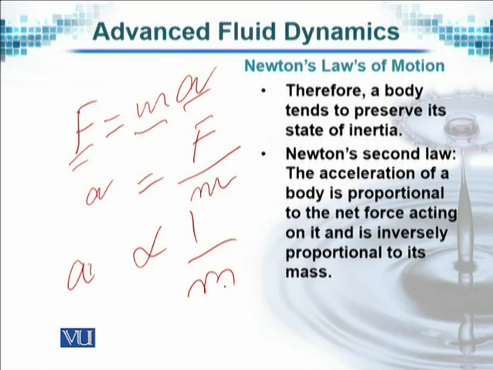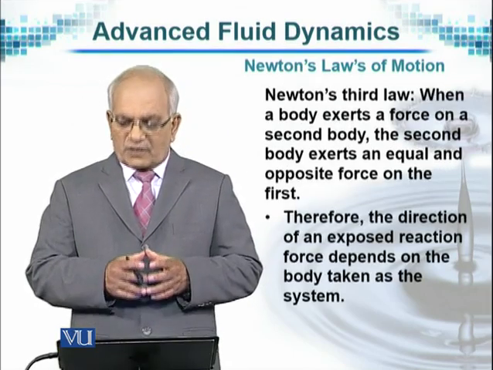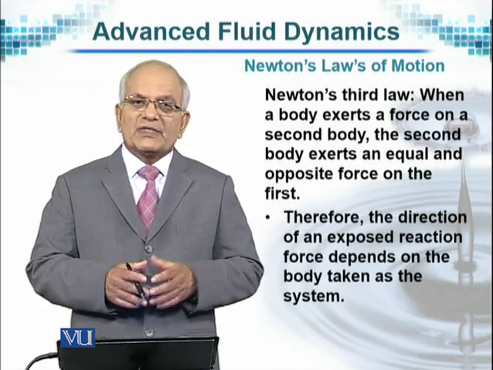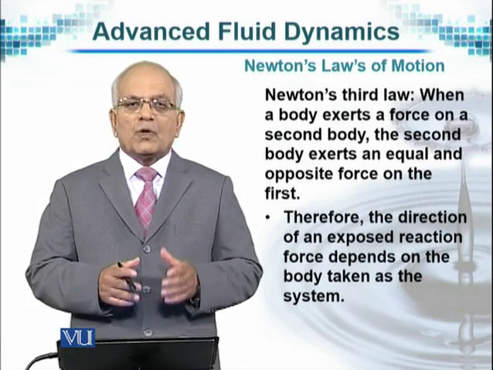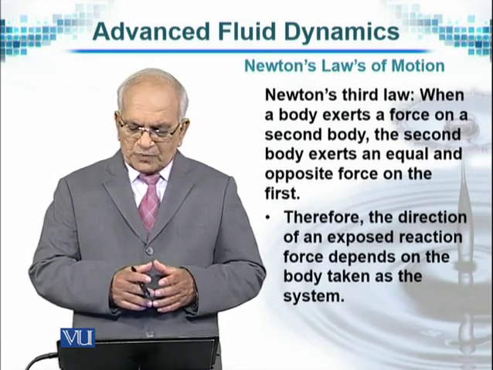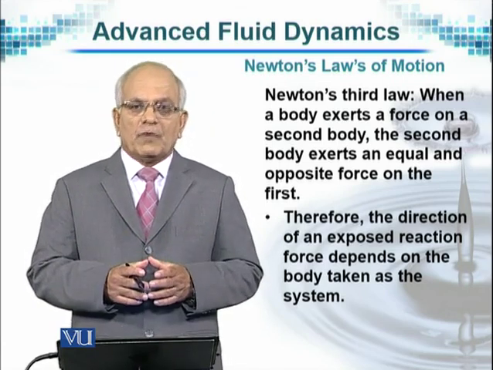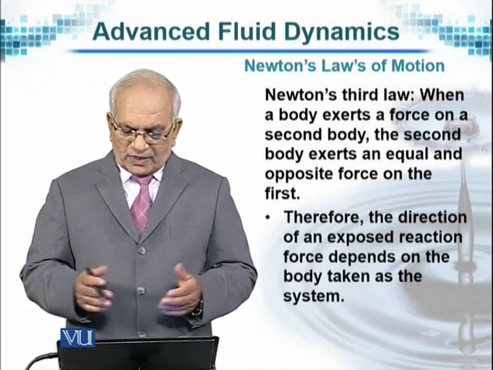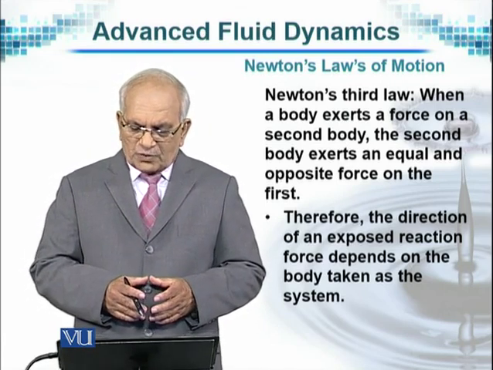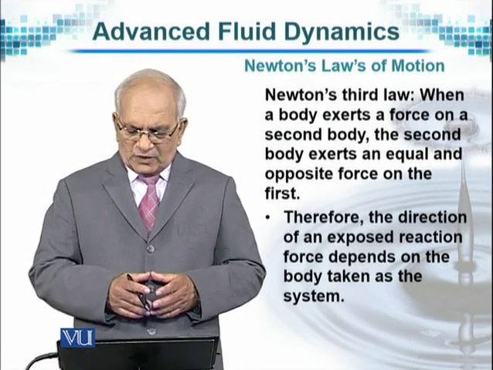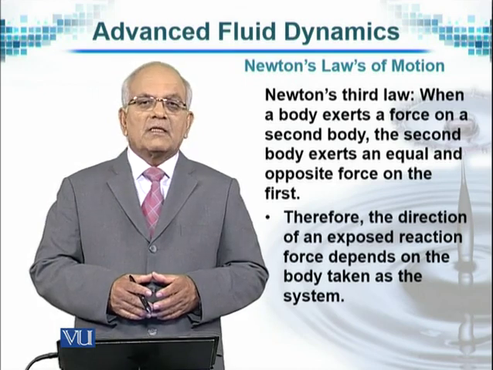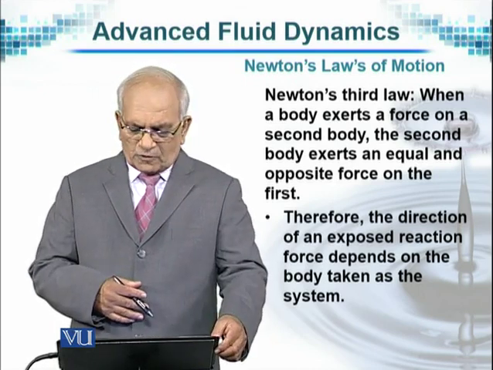And Newton's third law is, when a body exerts a force on a second body, the second body exerts an equal and opposite force on the first body, in the opposite direction, as we have stated. Therefore, the direction of an exposed reaction force depends on the body taken as the system as a whole.